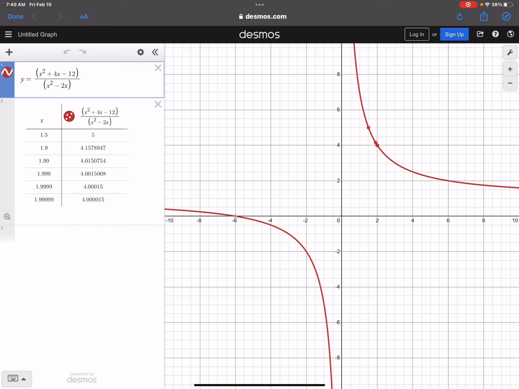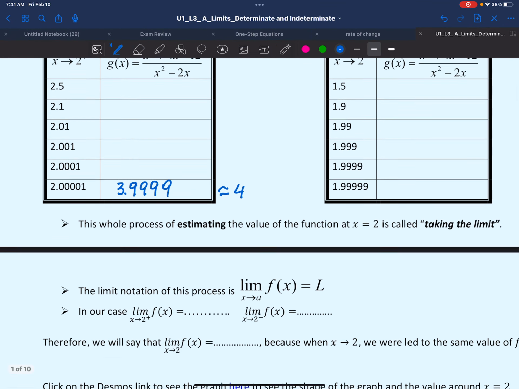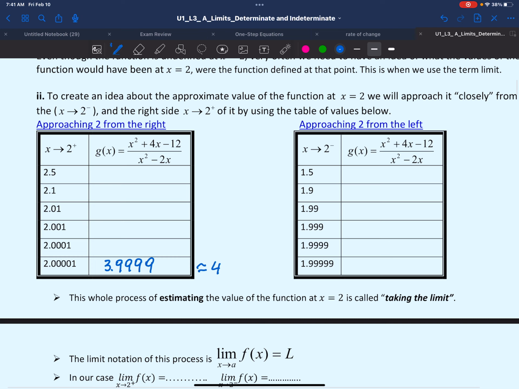Now, what is happening in this case, at x equals 2, you see that the function is undefined and the graph of the function will show a hole or a break in here. So we're going to say that when we approach the function at x equals 2 from the left-hand side, the values of it will become 4.00001, or we're going to say approximately equal to 4.